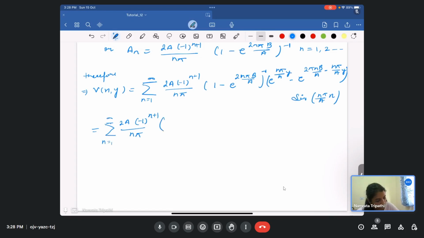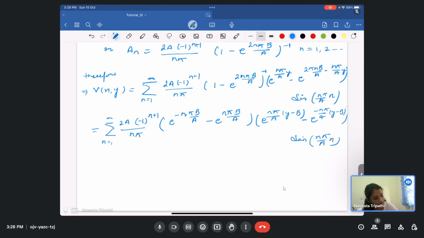You can write e to the power minus n pi b by a into y minus b, and the another term minus it will take common, and sine n pi upon a into x.